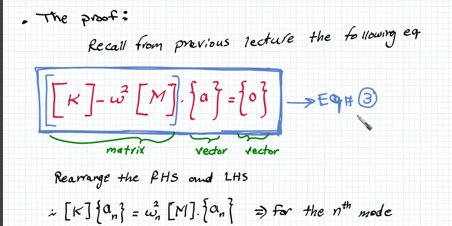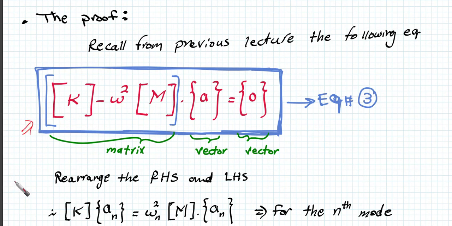It was equation 3, based on which we put the stiffness matrix minus omega squared times the mass matrix, the matrix between the blue parentheses, times the vector A of the mode shape, equals the vector of zeros. We proved this in the last lecture, and you can recall from there where we got this equation.